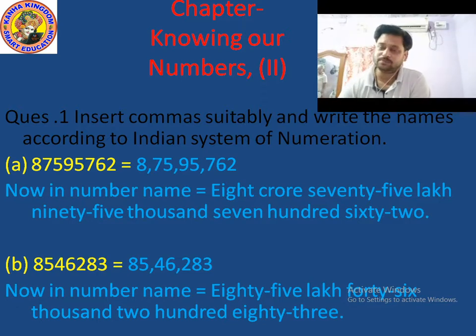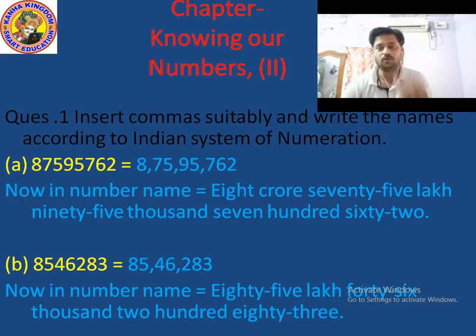So which digit is in the thousands place? 6 in the thousands place. And which digit in the ten thousands place? 4 in the ten thousands place. So now the 2 place values of the thousands period are also completed. Make another comma. Now after completing the thousands period, move to the lakhs period, and in the lakhs period also only 2 place values, that is lakhs place and ten lakhs place.